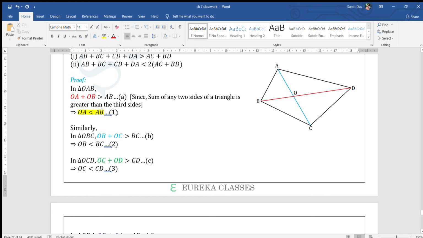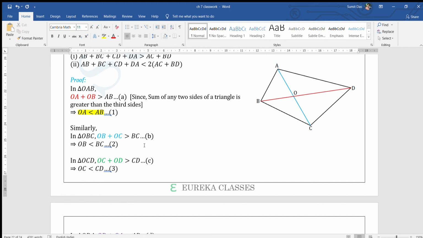See the marking. Similarly, in triangle OBC, we can write OB plus OC greater than BC. Similarly, from this we can write OB less than BC, right? OB is always less than BC.